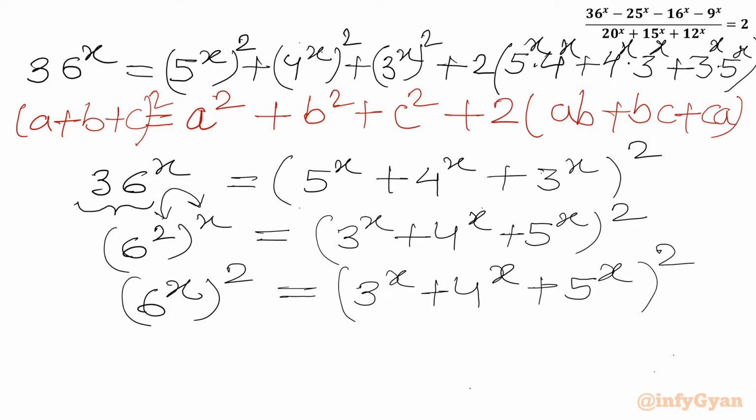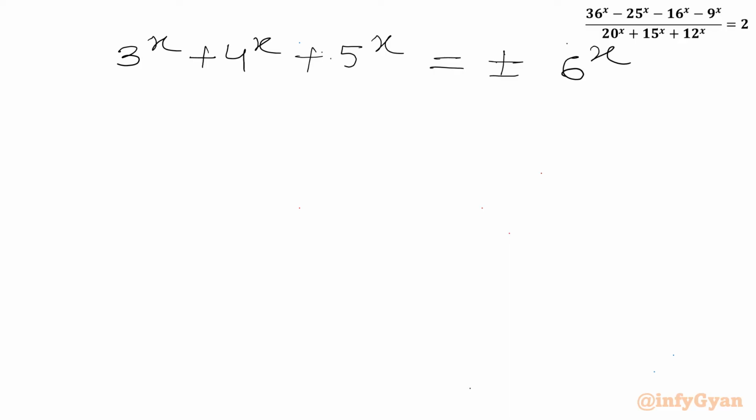Now let us consider square root both sides. So I can write 3 power x plus 4 power x plus 5 power x equal to plus minus 6 power x.